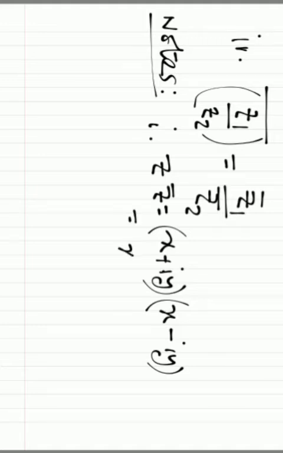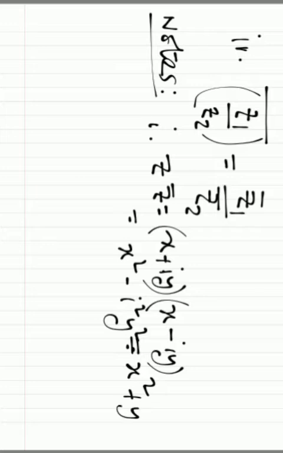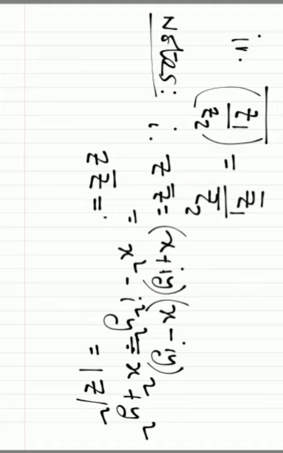Finally you will see it should be x square minus i square y square, and that can be written as x square plus y square, and x square plus y square also can be written as mod z square, so that you can write z into z bar to be equal to mod z square. It's a very important formula that we will apply while rationalizing complex numbers.